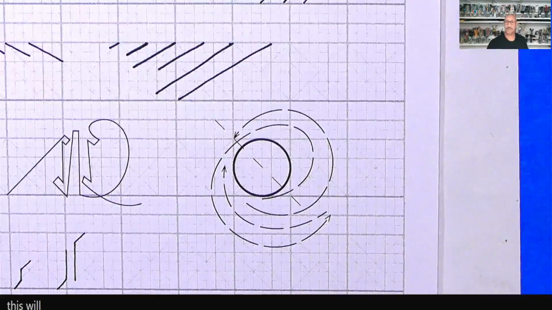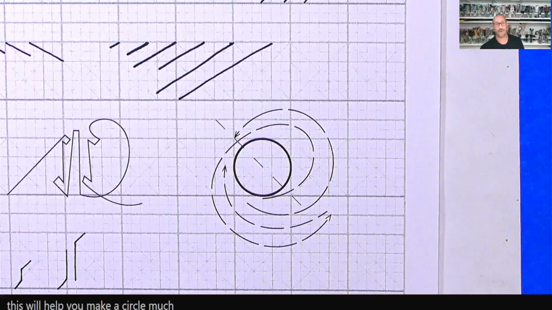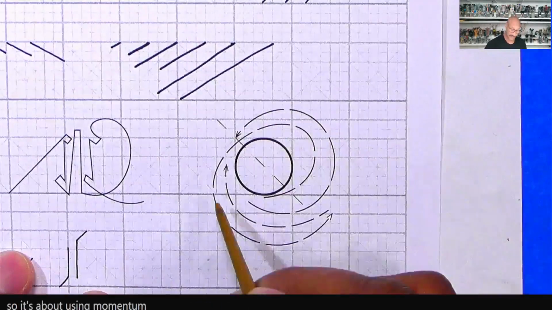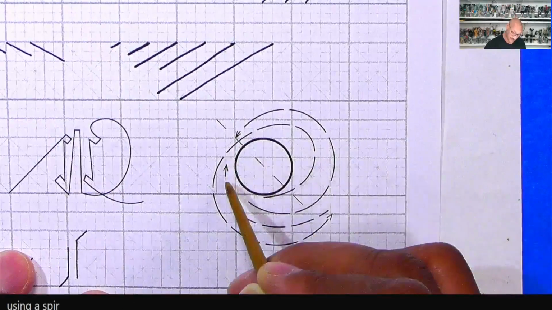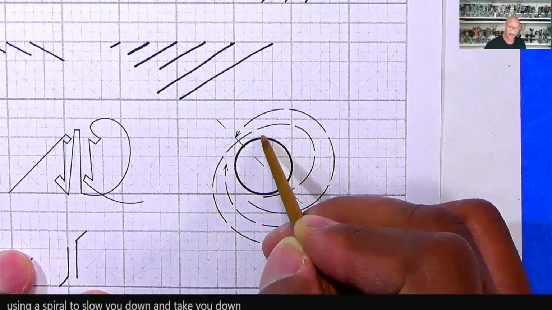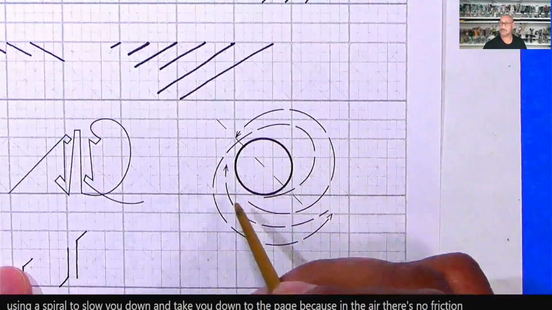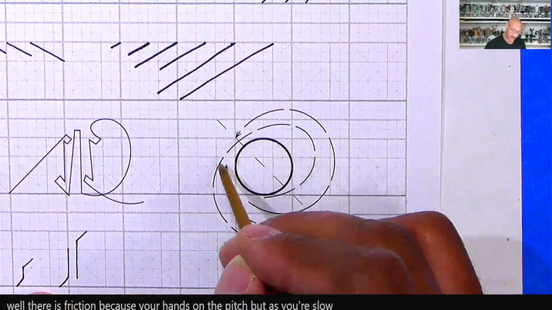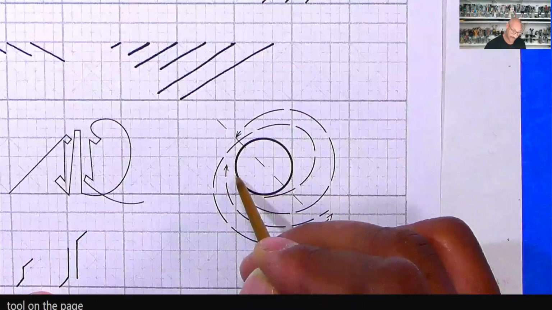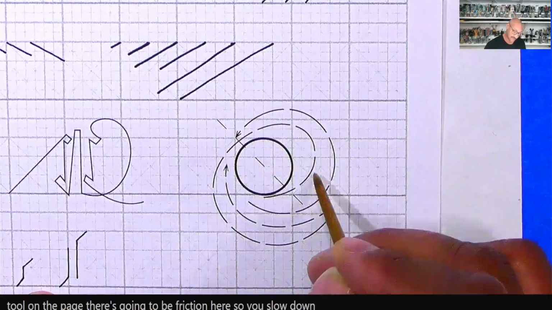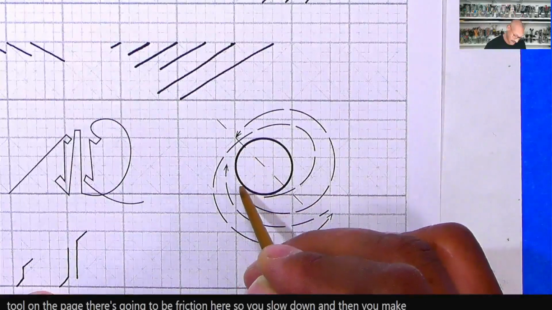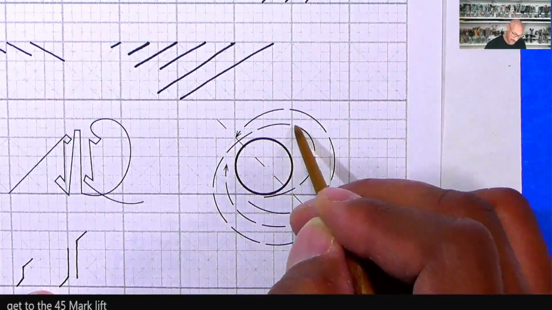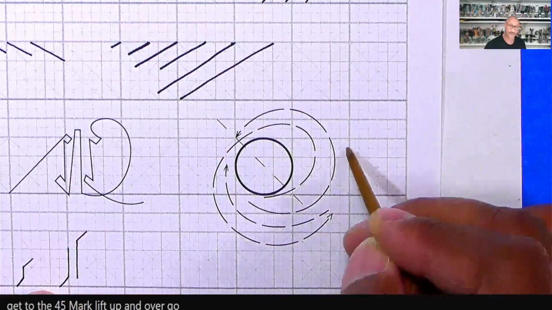This will help you make a circle much more accurately. So it's about using momentum, using a spiral to slow you down and take you down to the page, because in the air, there's no friction here. Well, there is friction because your hand's on the page. But as you're slowing down, because you're going to put the tool on the page, there's going to be friction here. You slow down, and then you make this line, get to the 45 mark, lift up and over, go up.